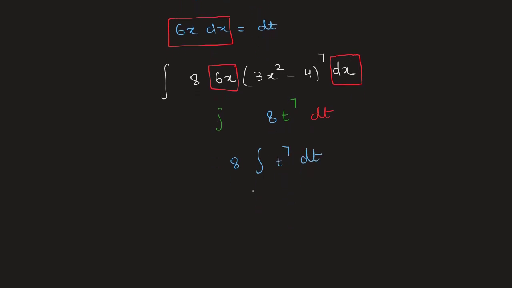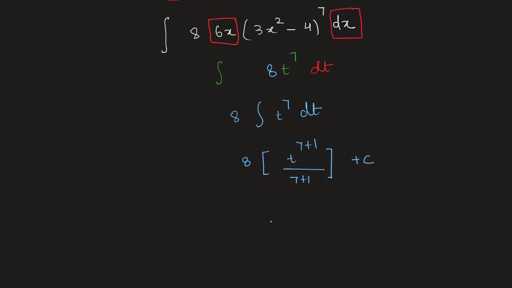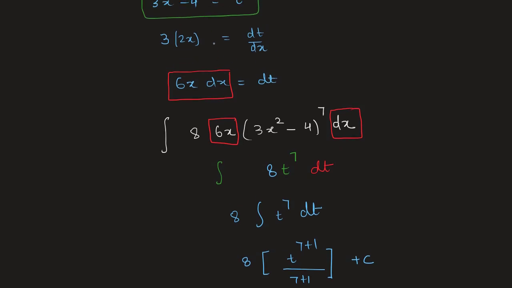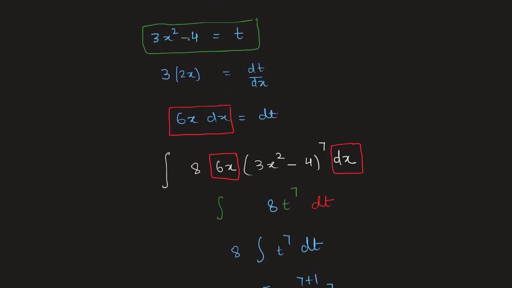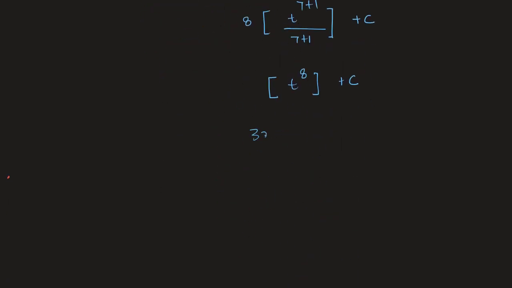So what would be the integration of t to the power 7 dt? It would be t to the power (7 plus 1) divided by (7 plus 1), plus c. Clear? Now if you simplify, this would be t to the power 8 plus c. Now what was our t? t was 3x square minus 4. So this is (3x square minus 4) to the power 8 plus c.